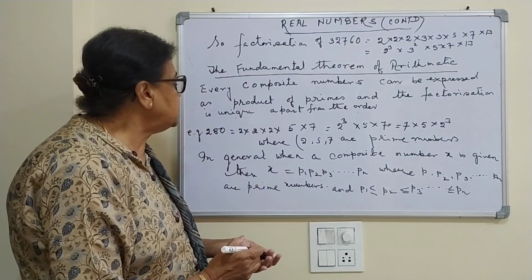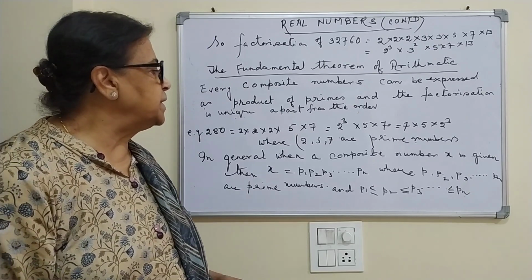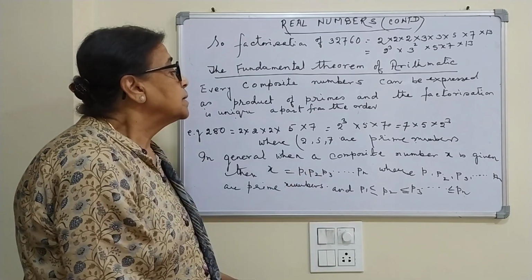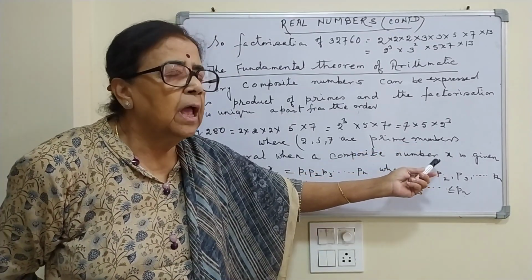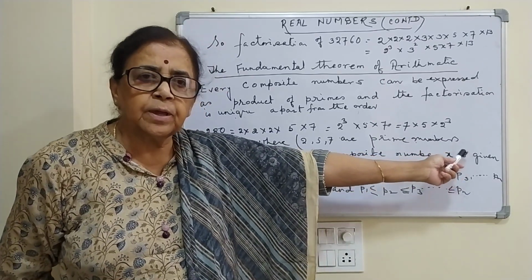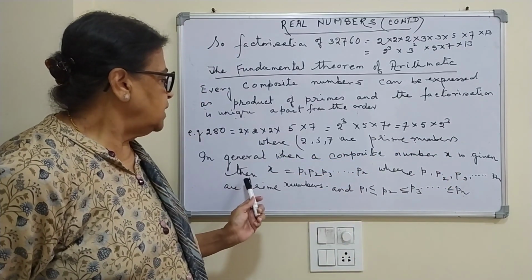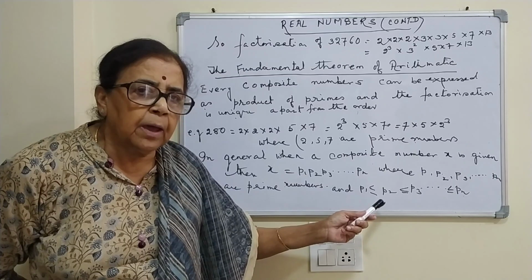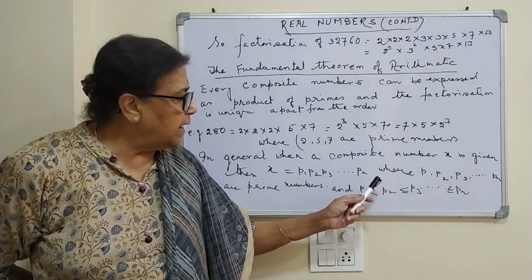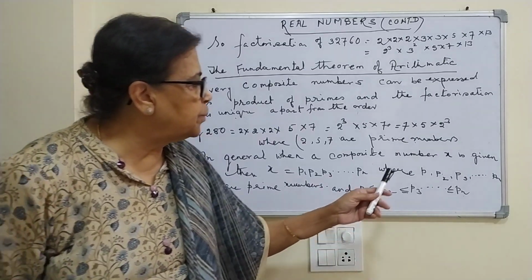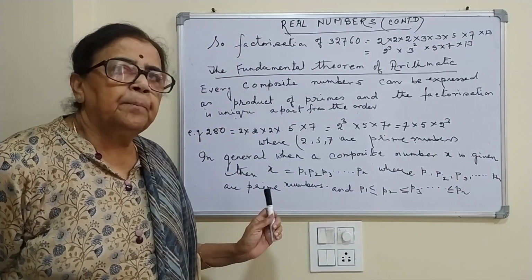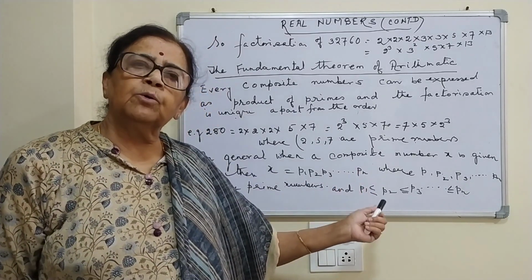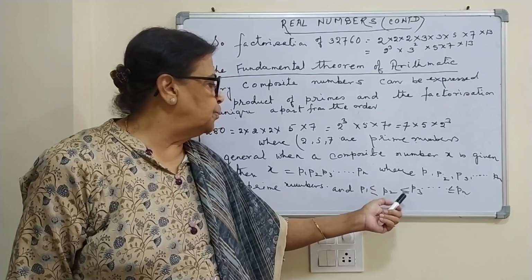Okay. In general, when a composite number x is given to you and you are asked to factorize, then x is equal to p1 into p2 into p3 up to pn, where p1, p2, p3, pn are prime numbers, and p1 is less than or equal to p2, less than or equal to p3, up to pn.